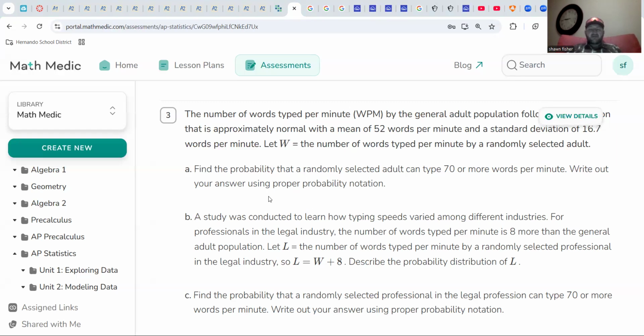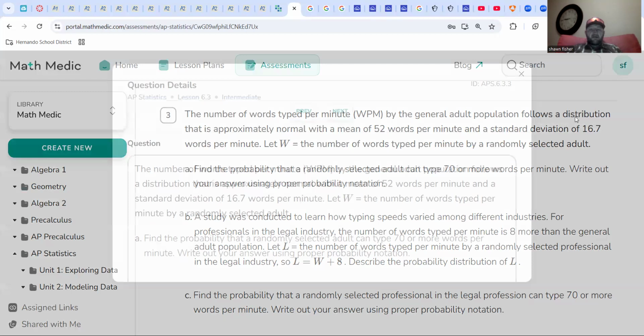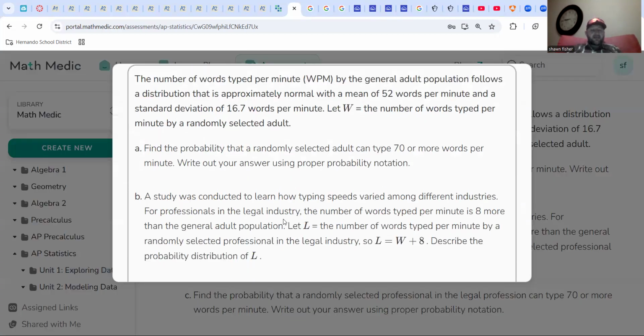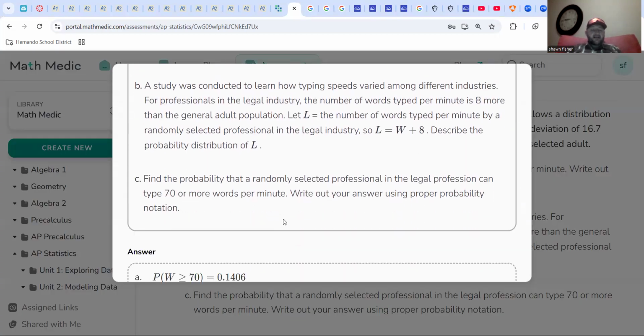It says write it out using proper probability notation. Remember how we do this. The probability, P, W is greater than 70, something like that. Let me make sure we did that right. So it should look something like this, I believe.